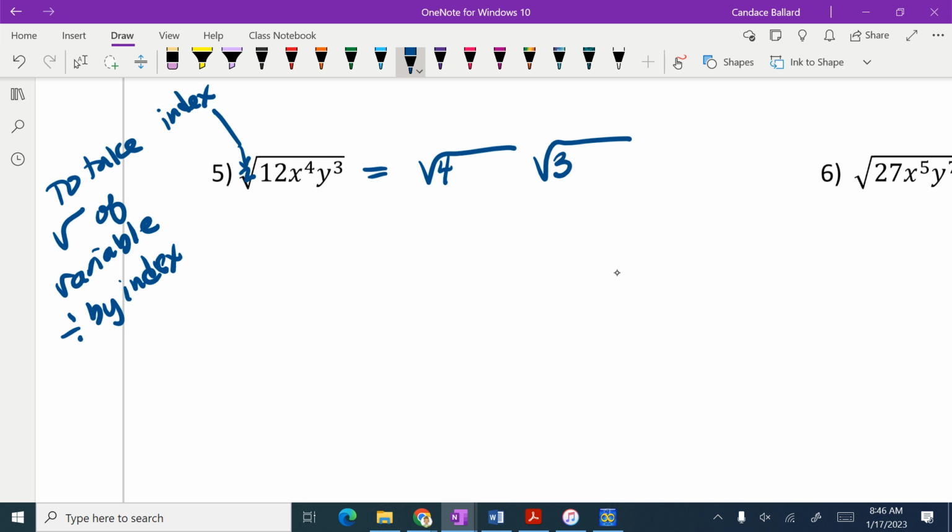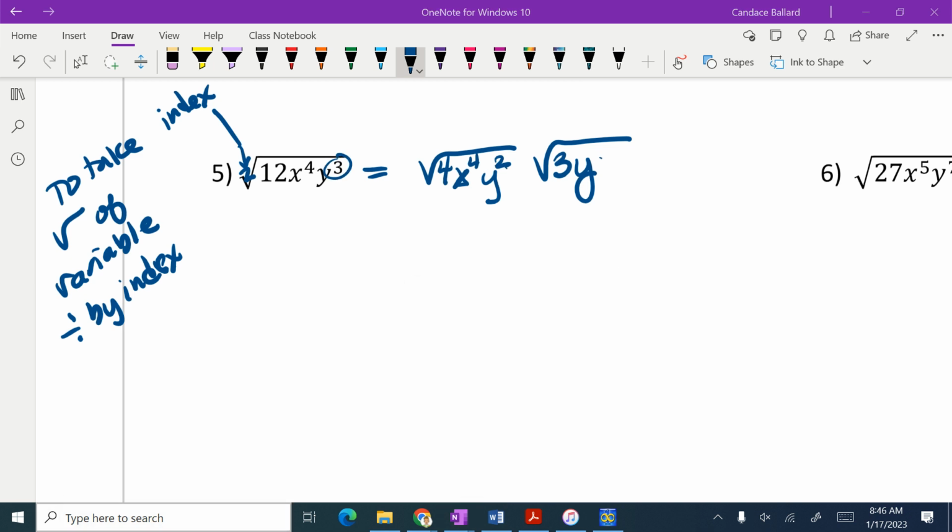Okay, highest even exponent for x to the 4th would be x to the 4th. There are no leftovers over here, right? Because it was an even exponent to begin with. Okay. The highest even exponent I can pull out of y cubed would be y squared, and my leftovers would be 1, because remember, we're going to subtract our exponents. Okay, so these two numbers should add up to this number right here.